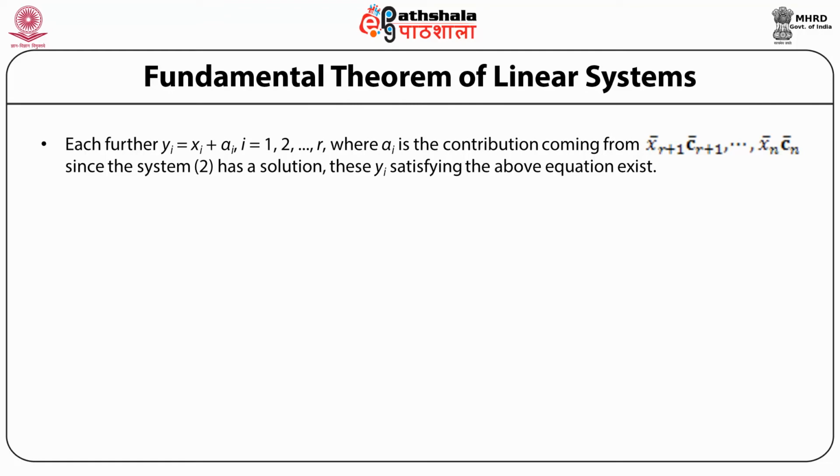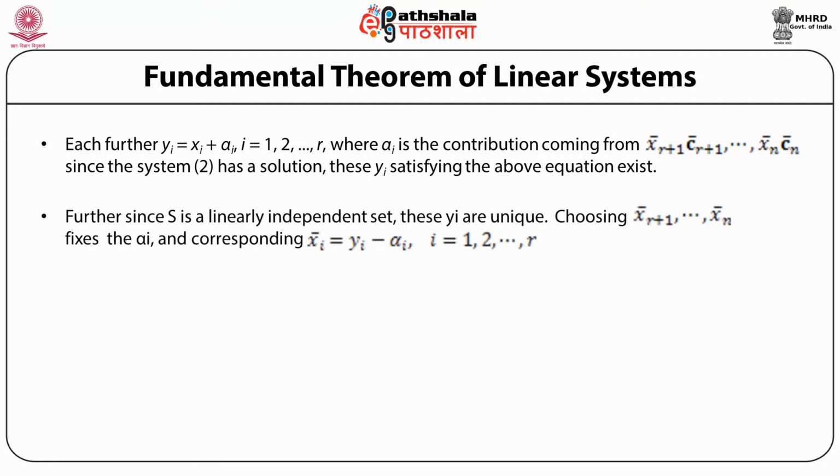Each yi is equal to xi plus alpha i, where i takes up the values going from 1 to r, where alpha i is the contribution coming from xr plus 1 bar into cr plus 1 bar till xn bar into cn bar. Since the system specified by equation 2 has a solution, these yi satisfying the above solution exist.